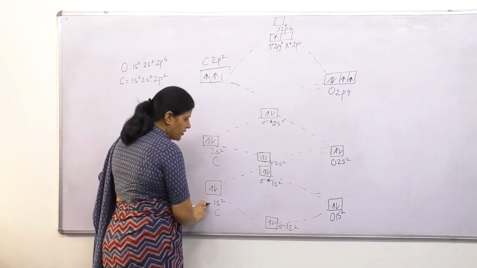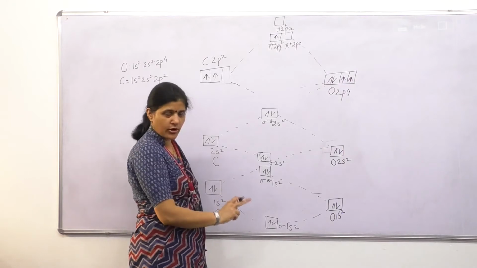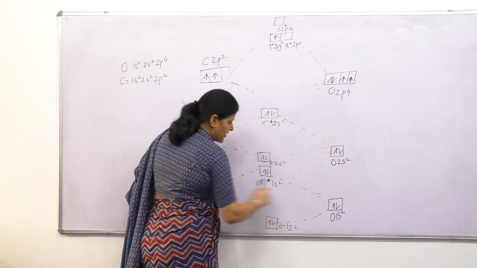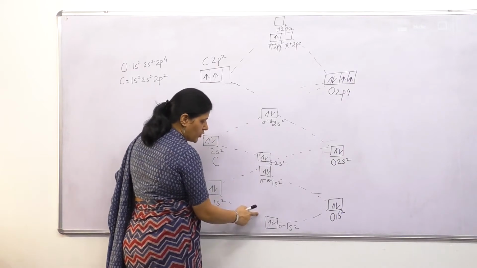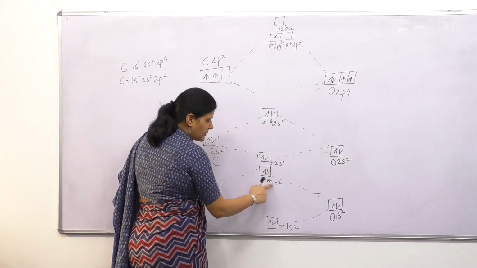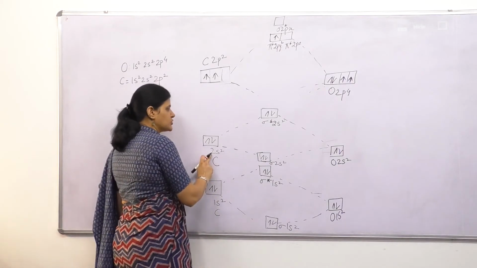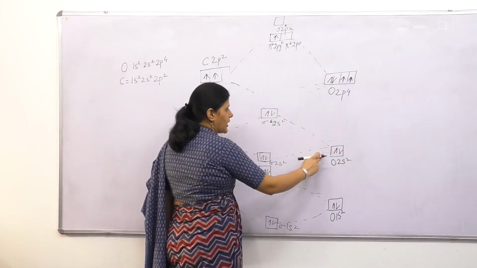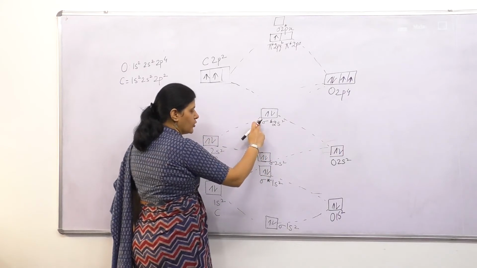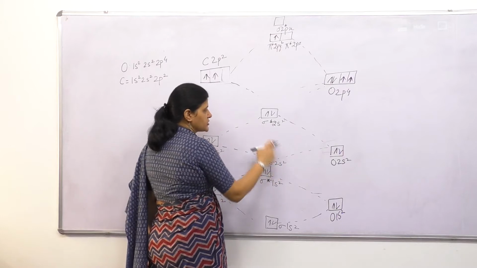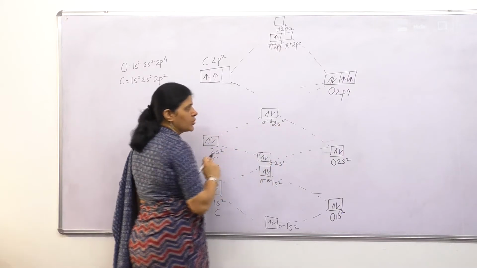Okay. Now the formation of molecular orbitals. 1s2, 1s2 combine to form 2 MO. Sigma 1s2, sigma anti-bonding 1s2. Same concept, 2s2, 2s2 combine to form 2 MO. This is BMO, this is AMO. Sigma 2s2, sigma anti-bonding 2s2.